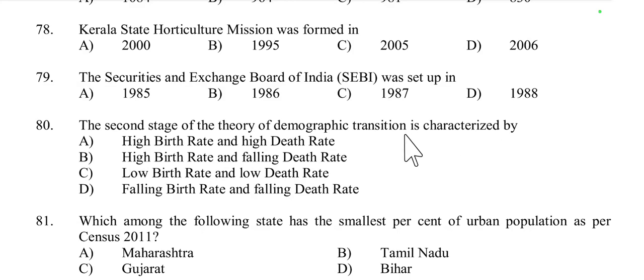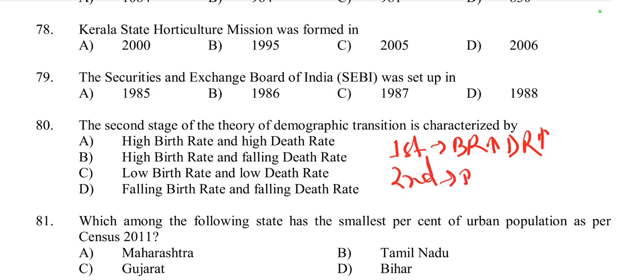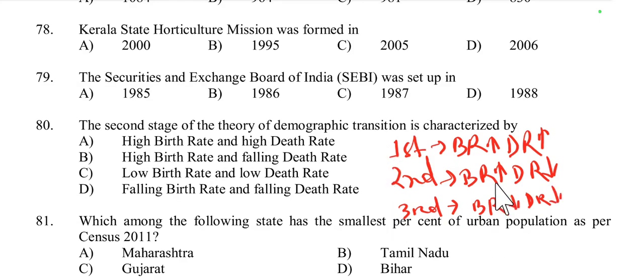There are four stages in demographic transition, according to birth and death rates. In the first stage, both birth rate and death rate are high. In the second stage, birth rate is high but death rate is falling. In the third stage, both birth rate and death rate are reduced.